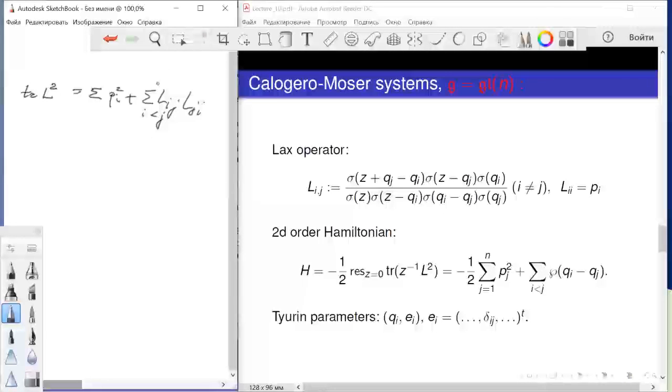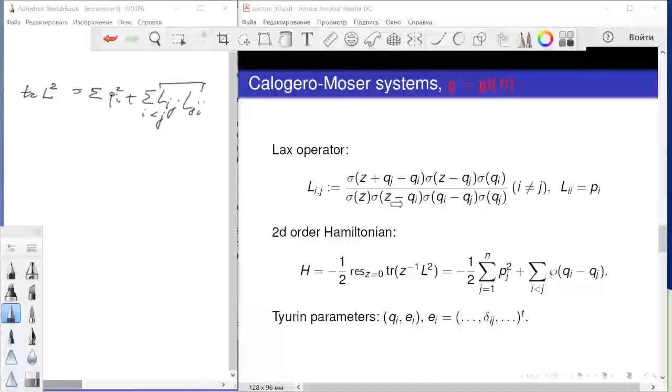Now let's consider this product. We can easily see that all terms of the form sigma of qi qj, z minus qi, z minus qj, z minus qi will cancel.